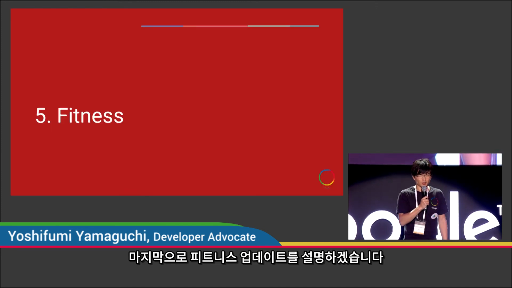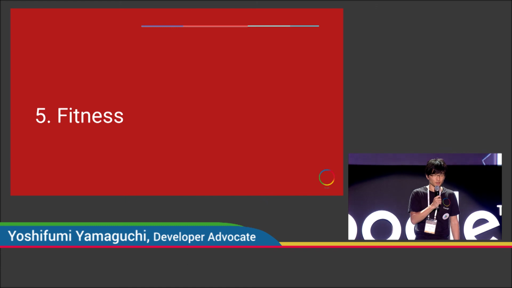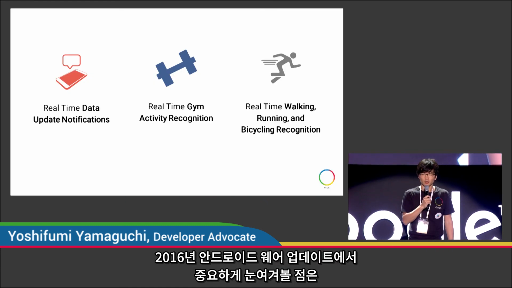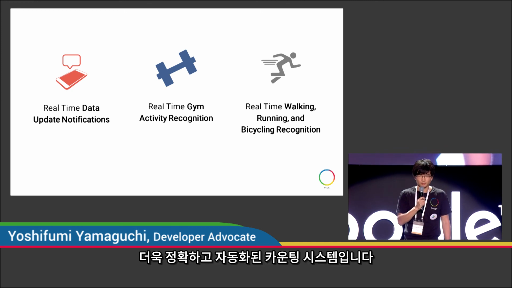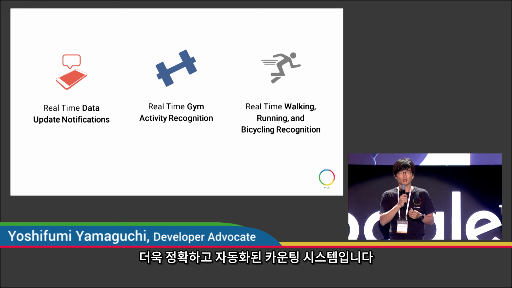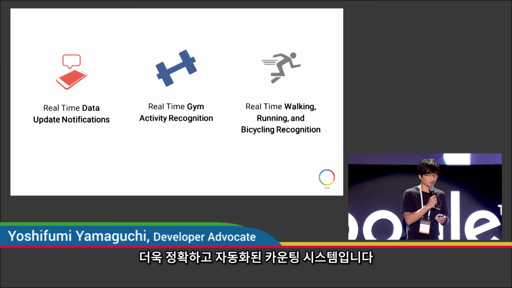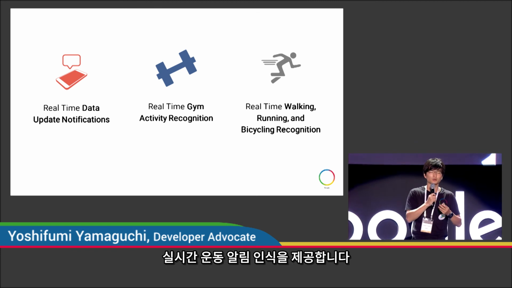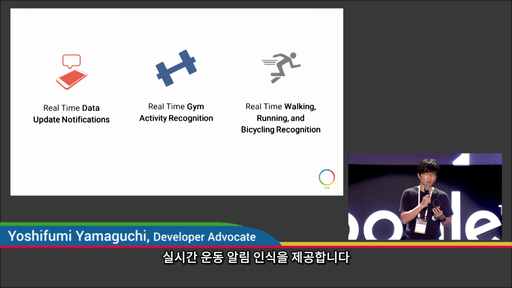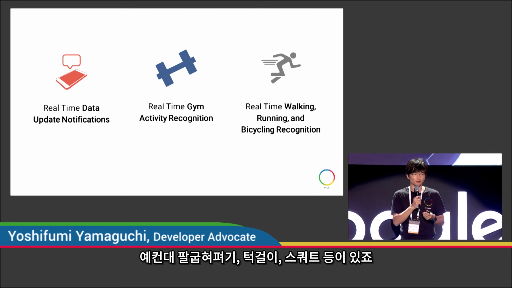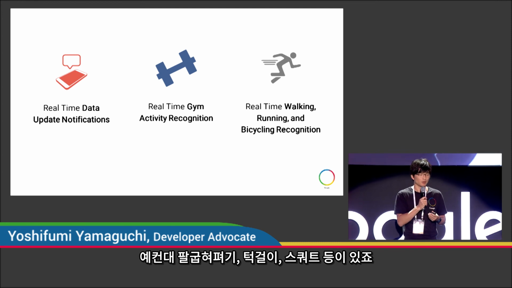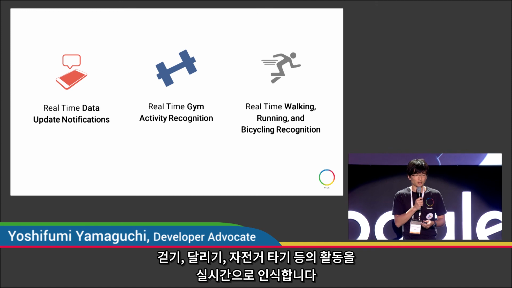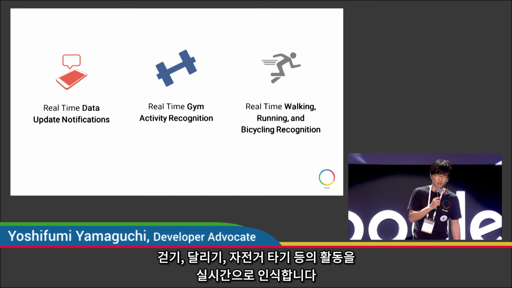Lastly, the updates from fitness. So we think that the important part of Android Wear in 2016 is more accurate and more automated counting. So we need real-time data update notifications, and also gym activity notifications and recognition, like push-ups, chin-ups, or squats. Then other activities like walking, running, and bicycle recognition.